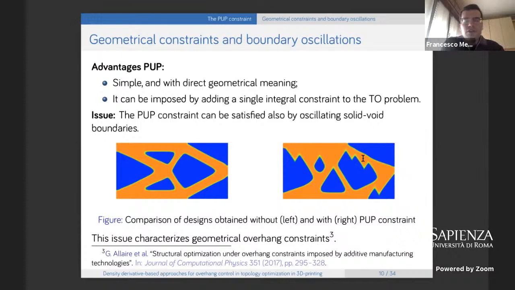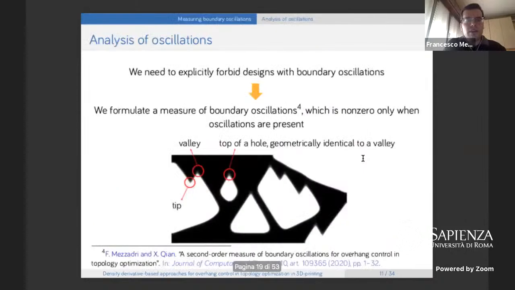Either we change the constraint, or we rely on the mechanics, or we change the basic idea of the overhang constraint, or we need to detect and suppress these oscillating boundaries. To do so, first, we need to analyze mathematically what these boundary oscillations are, and to characterize them.